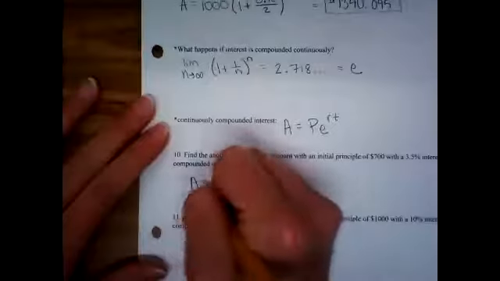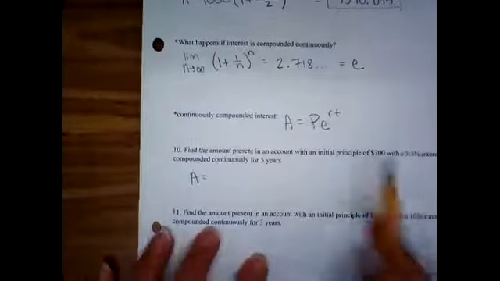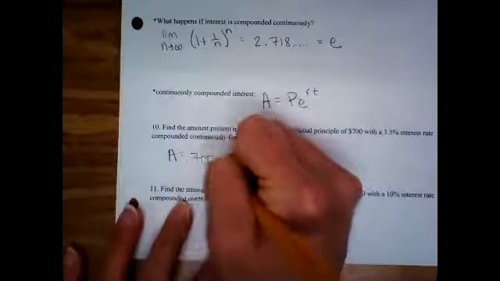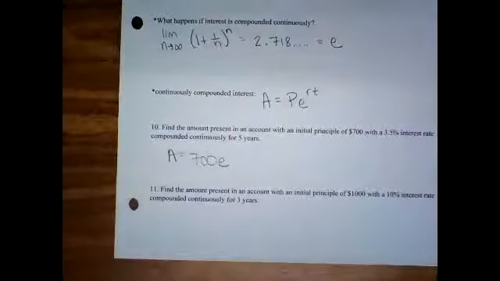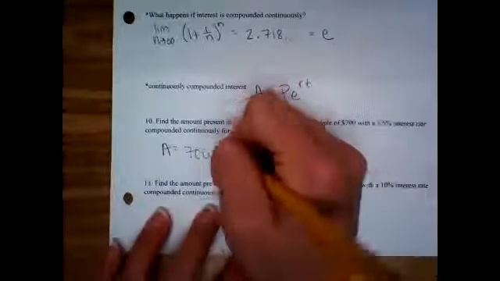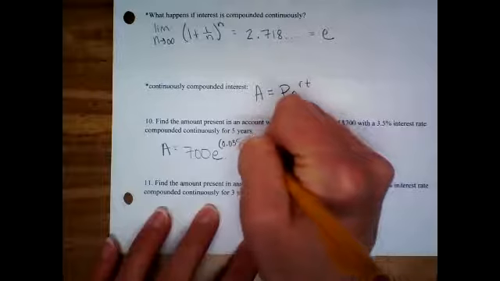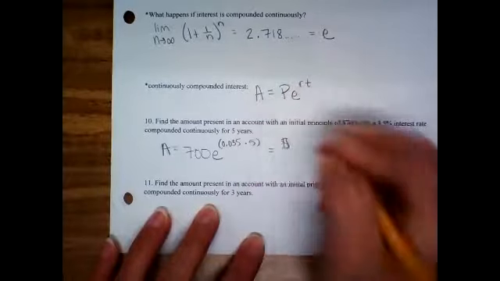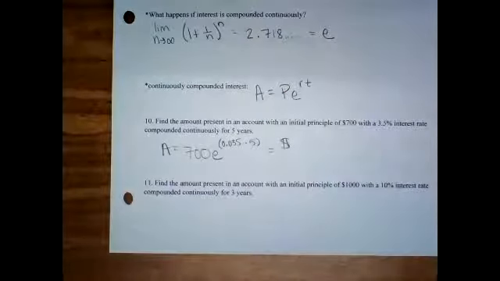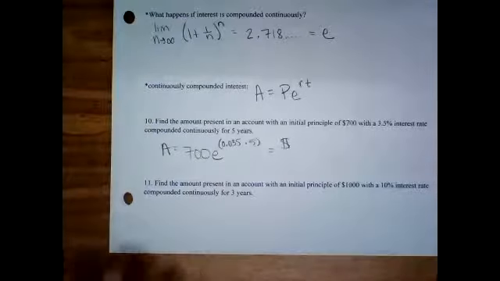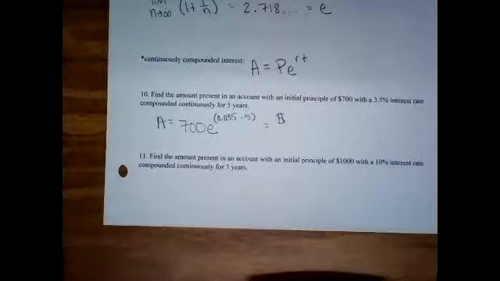All right, so this will be A equals 700 E, which again is a number, to the power R times T. Our interest rate 3.5% would be 0.035 times the time, which is 5 years. I'm going to show you how to type this. Again, you got to listen because otherwise you'll forget where the buttons are.